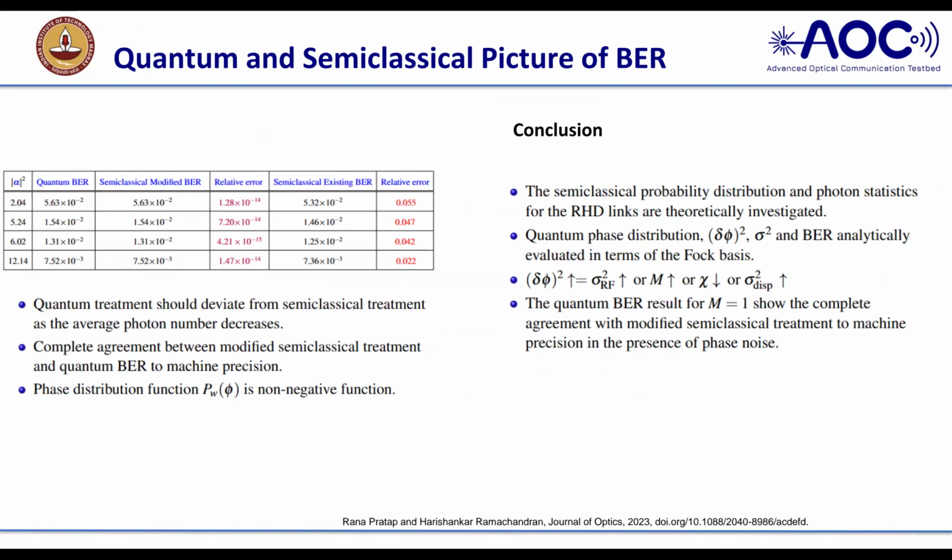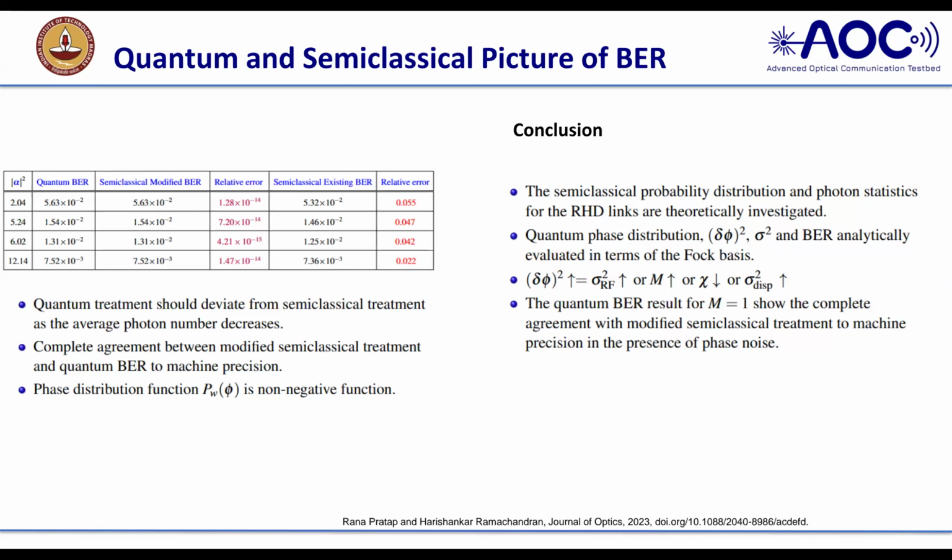It is happening due to the numerical precision of the mathematical software we are using. So even though the relative error looks like a random kind of thing, initially high and slowly decreasing as the number of photons increases, we found that the semi-classical picture and quantum picture for phase analysis are giving the same answer.